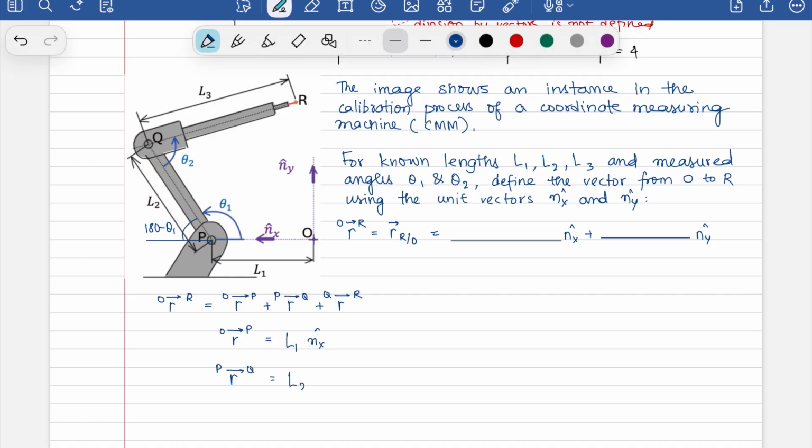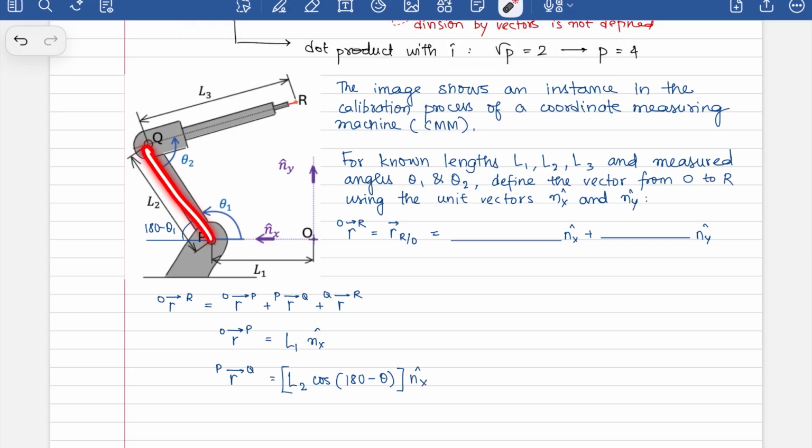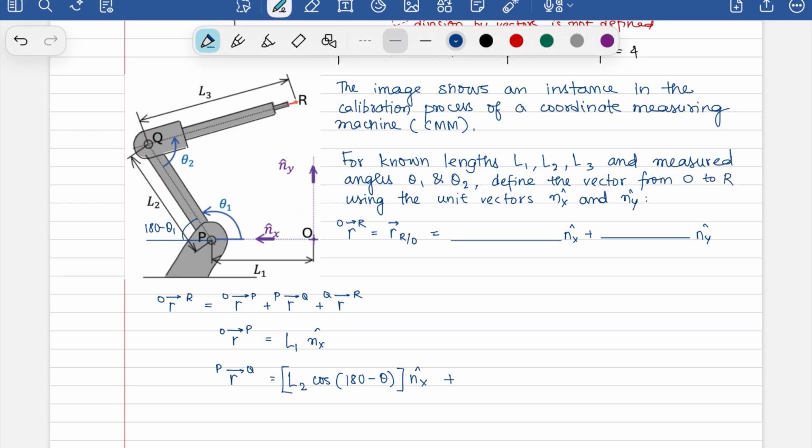That is L2 cos of 180 minus theta 1 along nx hat. And then you have some component along ny hat, which is this angle here. So you could just do L2 sine of this angle to give you the same. So L2 sine of 180 minus theta 1 times ny hat.